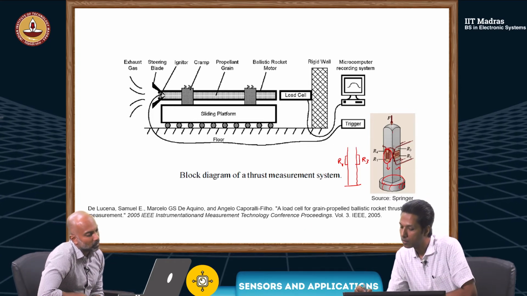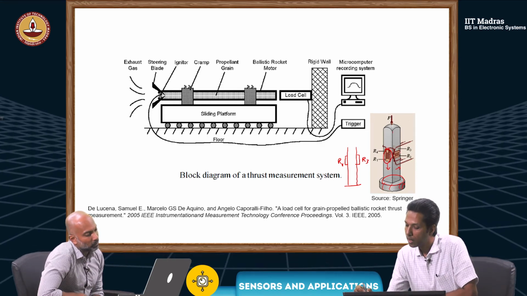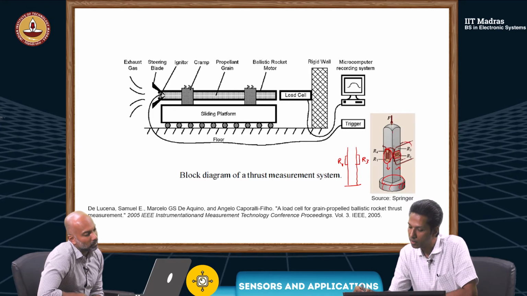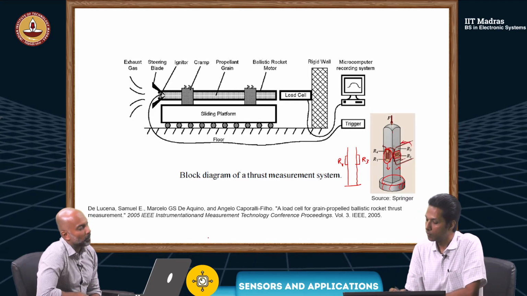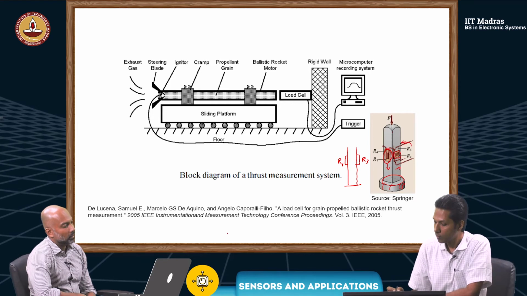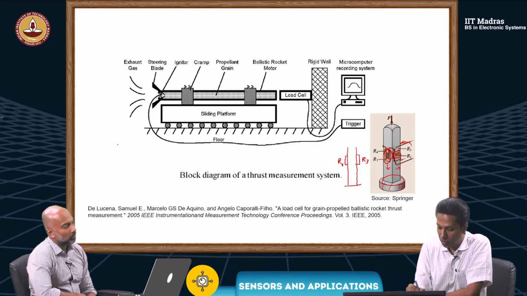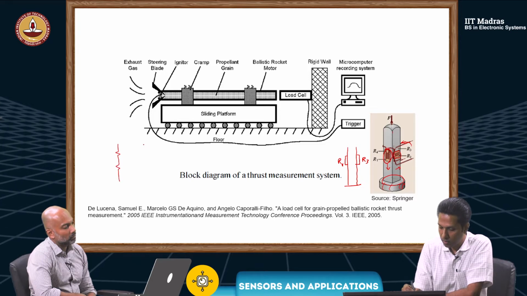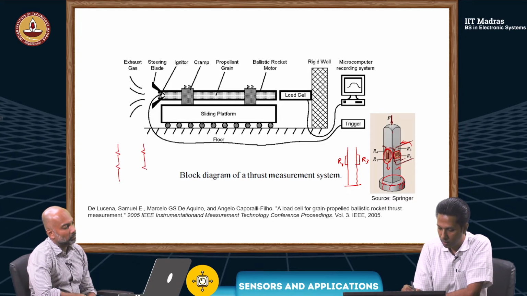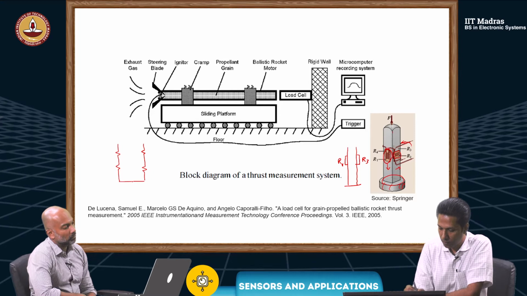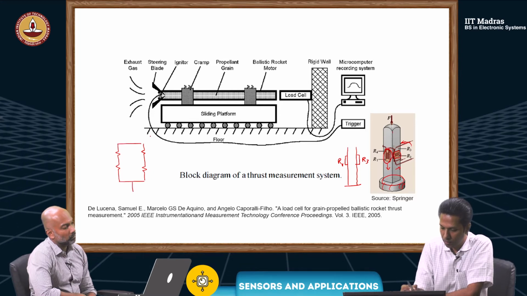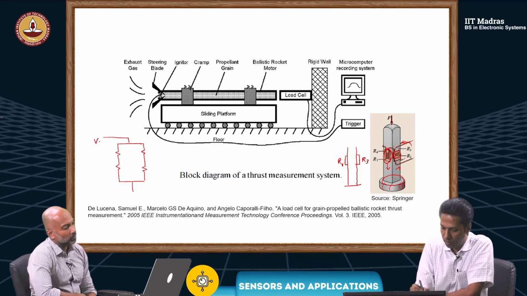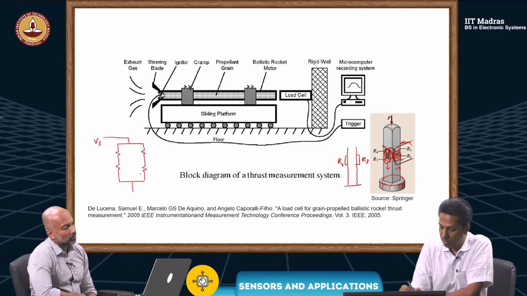Is it R2? I guess R2 is this one. So R3 is on the opposite face. When we made the full bridge, it was something like this.